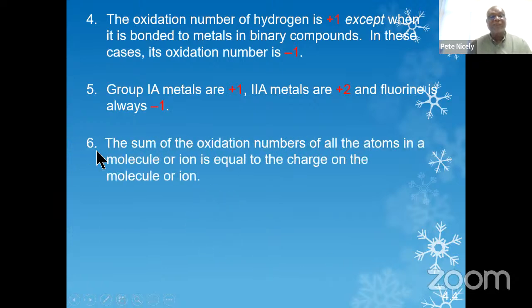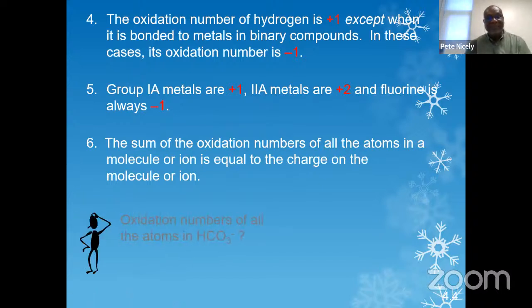And then it says here for rule number 6, the sum of the oxidation numbers of all atoms in a molecule or ion is equal to the charge on the molecule or ion. All right. So what this rule is saying is that if you have a molecule or a polyatomic ion, and you add up all the oxidation numbers of all the atoms involved in that particular species, then the sum of the oxidation numbers will be equal to the charge on the molecule or the ion.